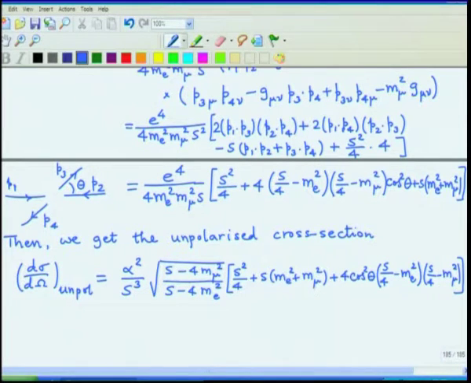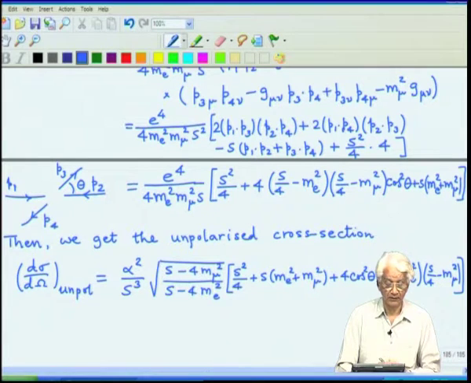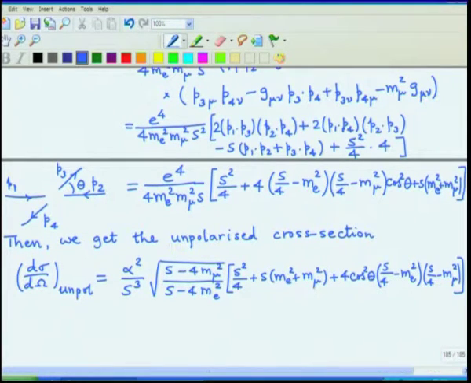So, this is the expression in full detail. It is convenient to look at various limits of this expression where the result looks simpler, and I can do those things one by one.